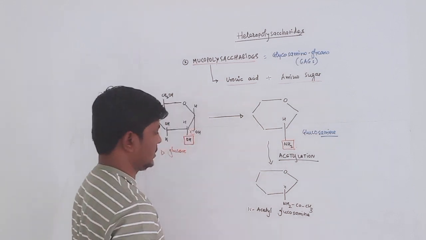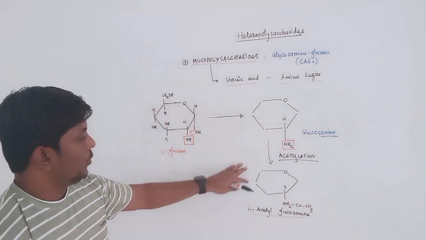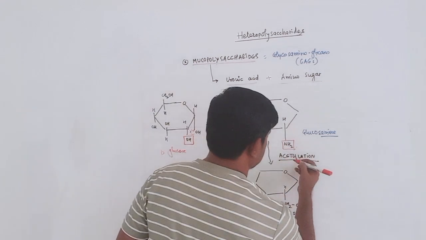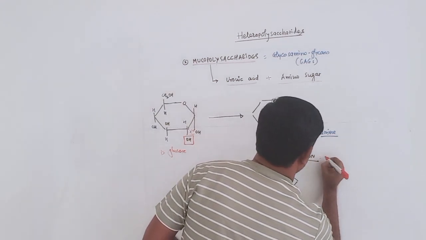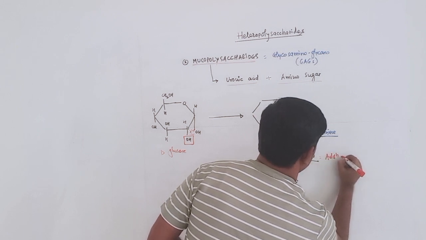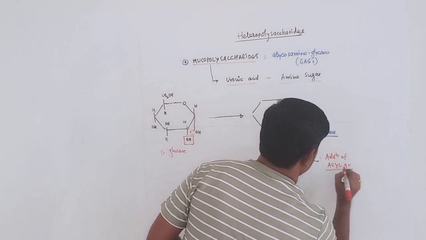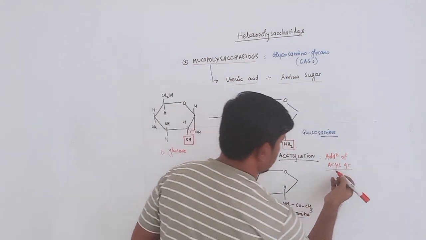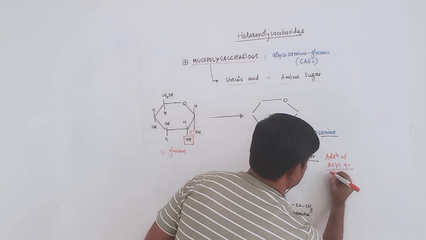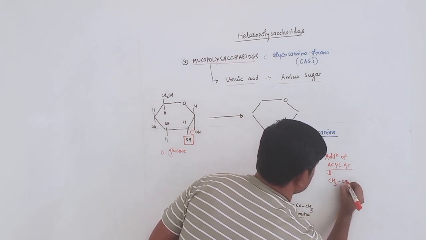What do we mean by acetylation? Acetylation means addition of an acyl group. The commonest acyl group is CH3CO.